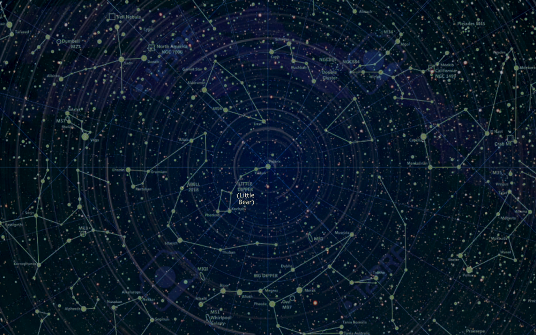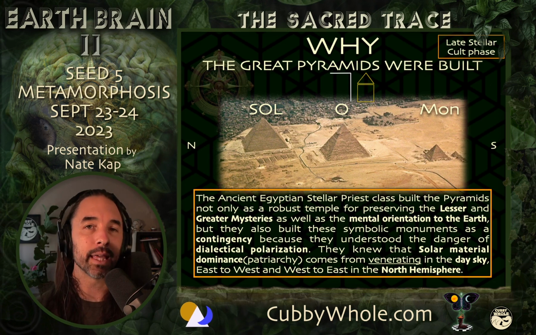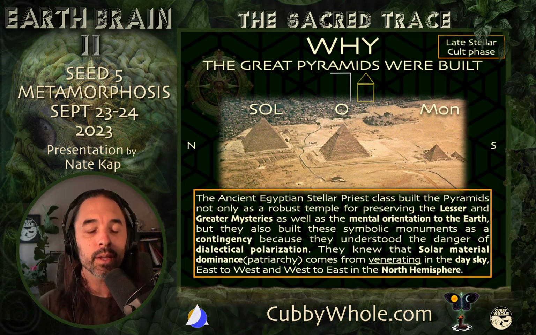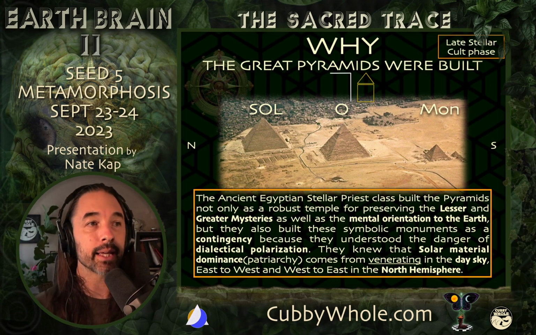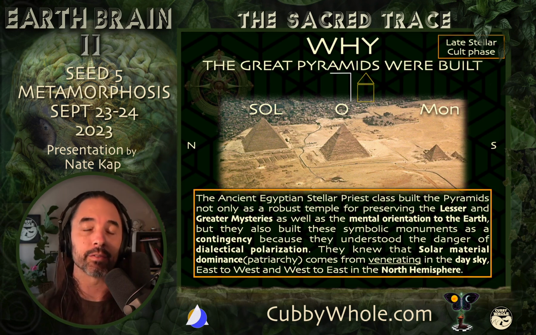They had an uranography, a mapping of the north sky to help them stay oriented, and help them understand how to evolve their sciences of the mythology. And then when they did that, they recognized that there was a danger in dialectical polarizations of dark and light.